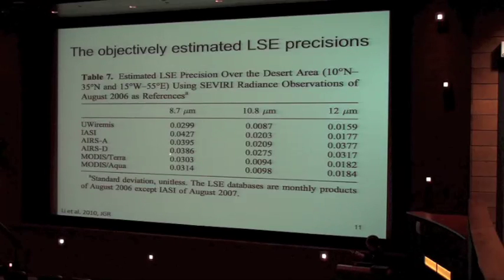The high spectral resolution product here is kind of disappointing. For 8.7 micron, it's all larger than 0.03. For 10.8, larger than 0.02. For 12 micron, the IASI is okay, AIRS is larger than 0.03. So I'm sure you know which one you should choose.